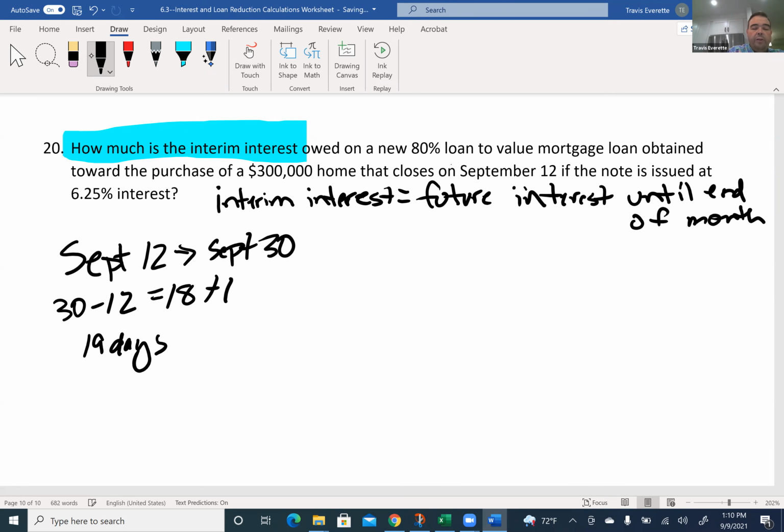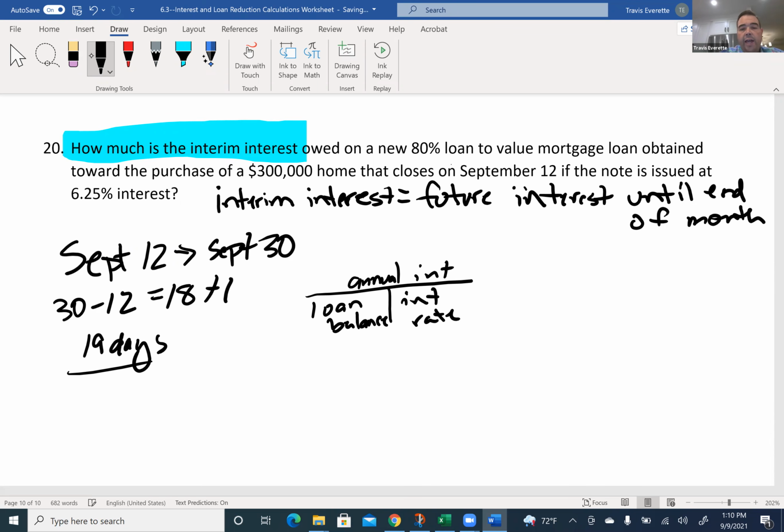Remember, with that interim interest, whenever you're doing the future, you've got to make sure that you do the plus 1. So let's go ahead and calculate what our annual interest is on this thing. Annual interest equals the loan balance times the interest rate. Okay.